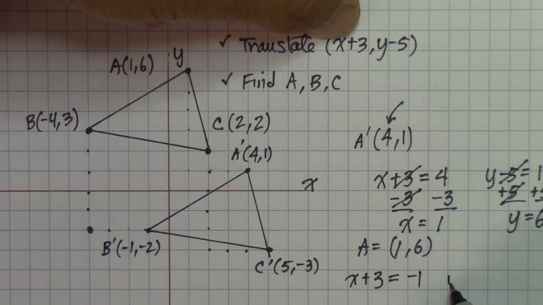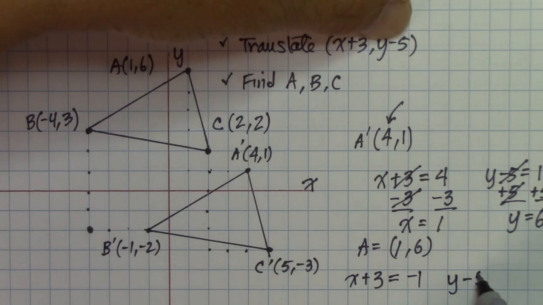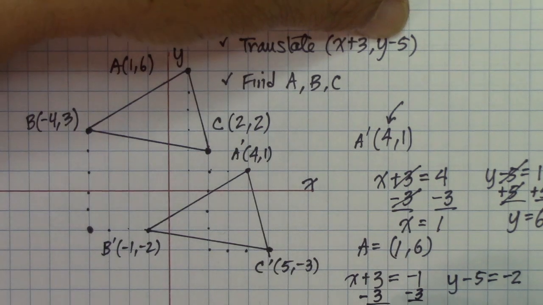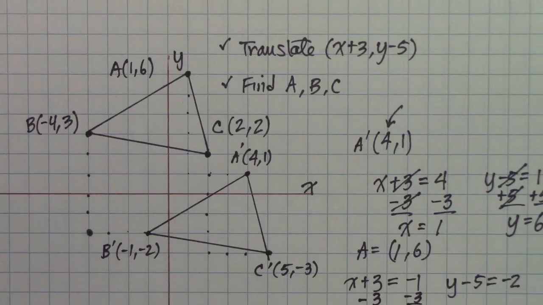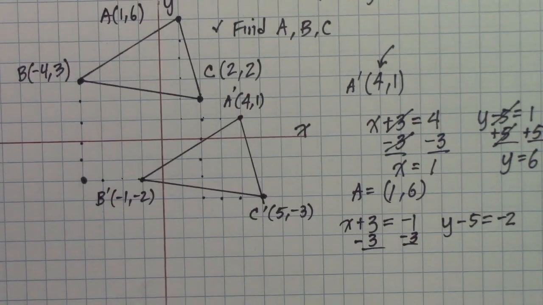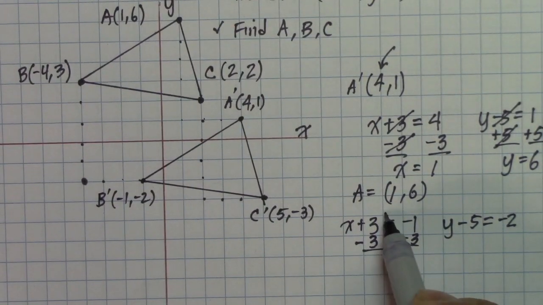And we go y minus 5 is equal to negative 2. We go minus 3, because that's the inverse of plus 3. Can you guys see that? Here, hold on. There we go. Plus 3 minus 3, they're gone.